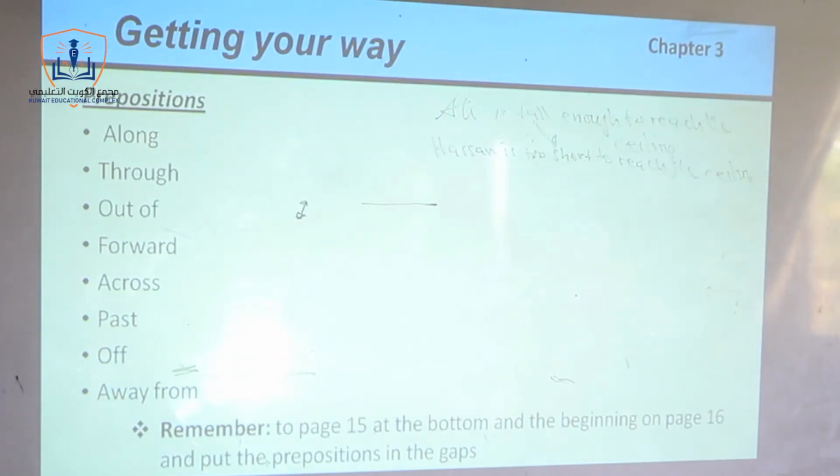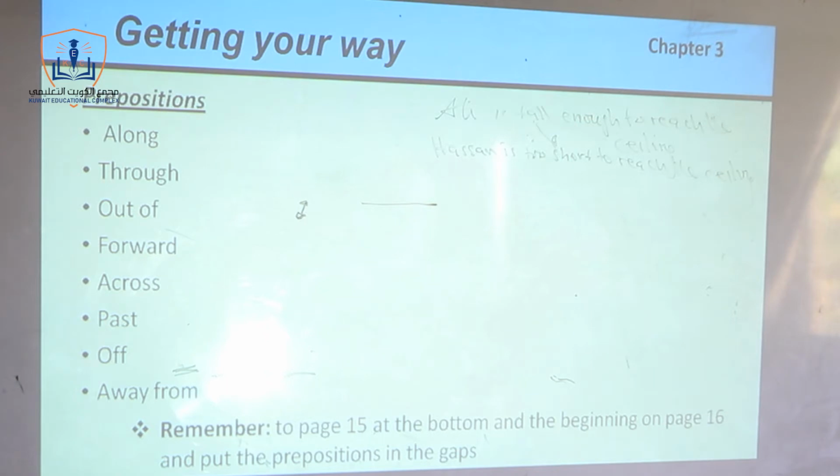The prepositions we're using here are along, through, out of, forward, across, past, off, away from. For example, when you are using the word along, it's like along the road, along the wall. So along is the side of something.